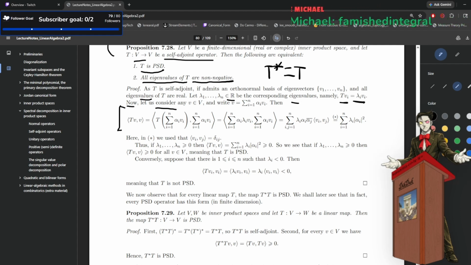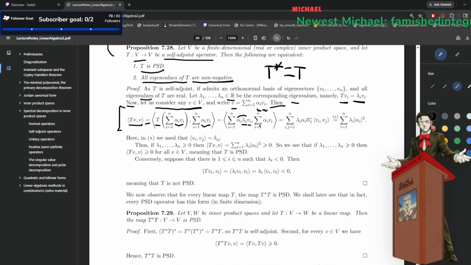Now, let us consider any v in V, and write v as the sum of alpha i vi. Then the inner product of Tv with v is equal to the inner product of T applied to the sum of alpha i vi with the sum of alpha j vj. Remember, alpha i is a scalar, vi is your vector, and you're just applying T. Bringing T on the inside, and since we defined T vi as lambda i vi, we put it in here, and now we have these two scalars working together, best friends.